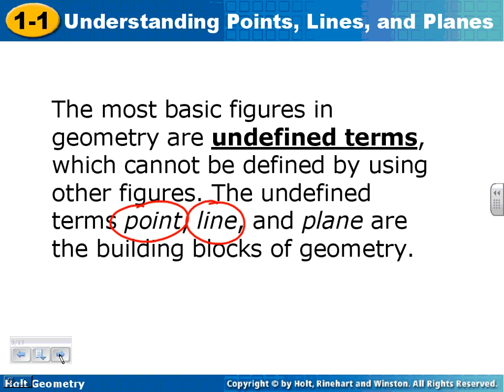Those are the three building blocks of geometry. We can't really define those using other terms, like a square. We can define a square by maybe first explaining rectangle. We can't do such a thing with a point or a line or a plane.